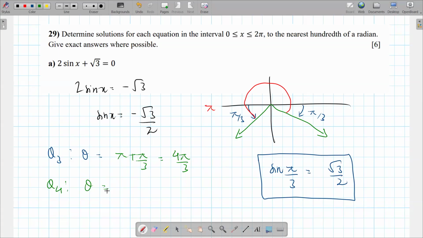It's 2 pi minus pi over 3. Yes, 2 pi minus pi over 3 is right. So that is 6 pi minus pi. That'll become 5 pi over 3. And there you go. Those are your two answers, Q3 and Q4. This is a very common question.